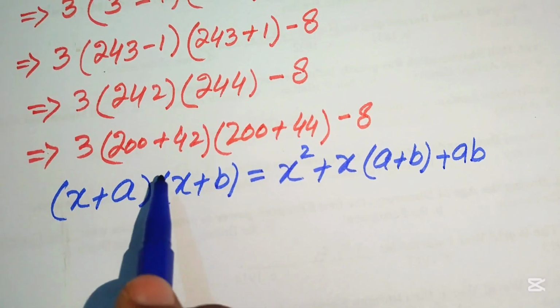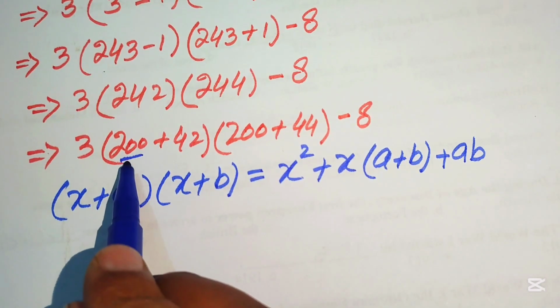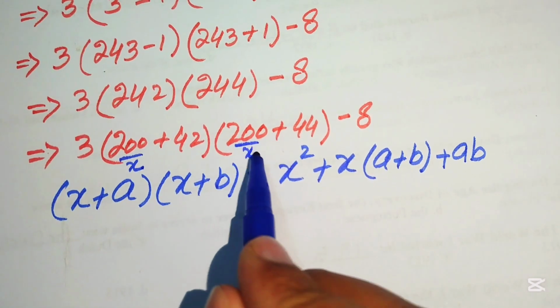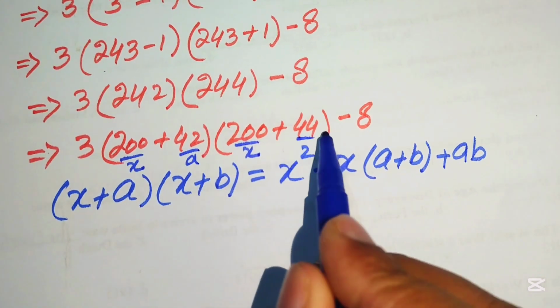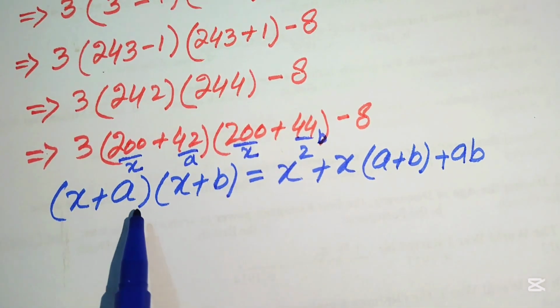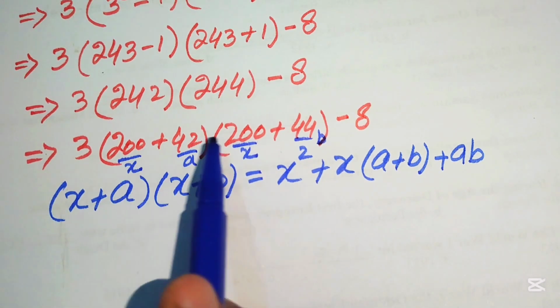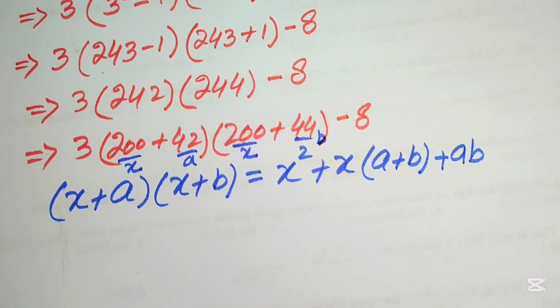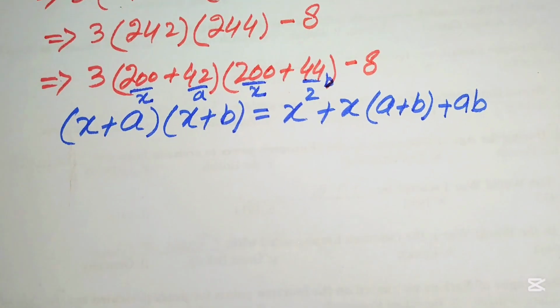Okay, so here you see that this value becomes our x in both of these cases, and this is our a and this is our b. So if you multiply these two factors, then we use this nice formula and we easily multiply the above factors. Okay, this is the shortcut method of multiplication of our two factors.